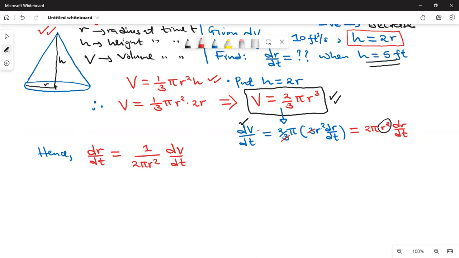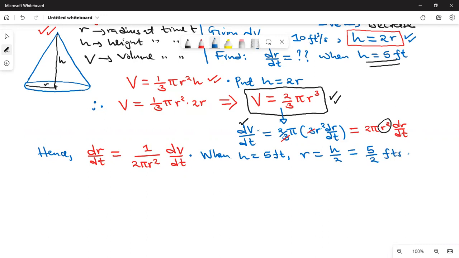Now, you need to ask yourself that when h is equal to 5 feet, r will be equal to h over 2. Look at the relation between h and r. So r is h over 2, which means this is 5 over 2 feet.